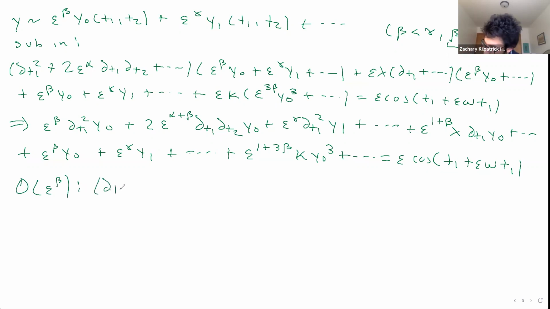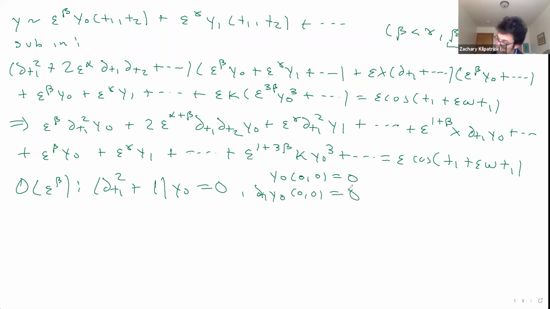That's going to give us dt1 squared plus 1 y0 equals 0. Our typical sort of just nice linear oscillator. Y0 at 0, 0 is equal to 0, and y0's derivative at 0, 0 is equal to 0.